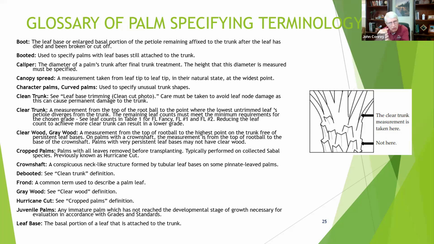I've suggested to you that you want a Florida Fancy, and if you're going to get a Florida Fancy, that clear trunk measurement is going to be a little bit lower than it would be for a Florida #1, and most certainly for a Florida #2, because we've reduced that leaf count by roughly 20% each time we drop a grade. That's what it calculates to, somewhere in that neighborhood of 20%.